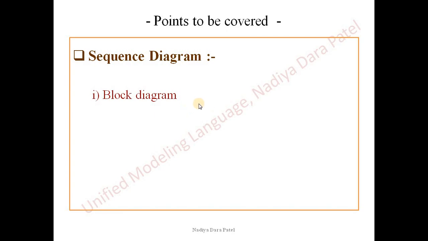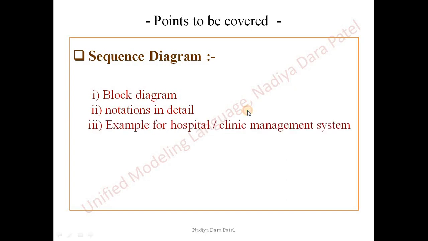There are certain notations, which we will see in today's lecture, that are particularly used in combination with coding. After the block diagram, we will see those notations which will give a finishing touch to your sequence diagram, and finally we will see the example.